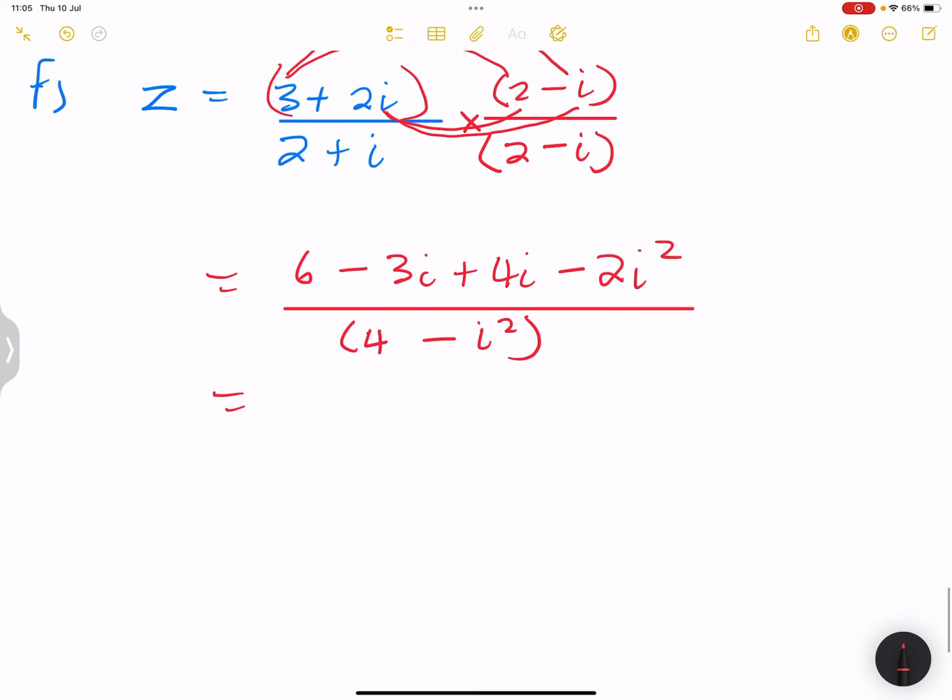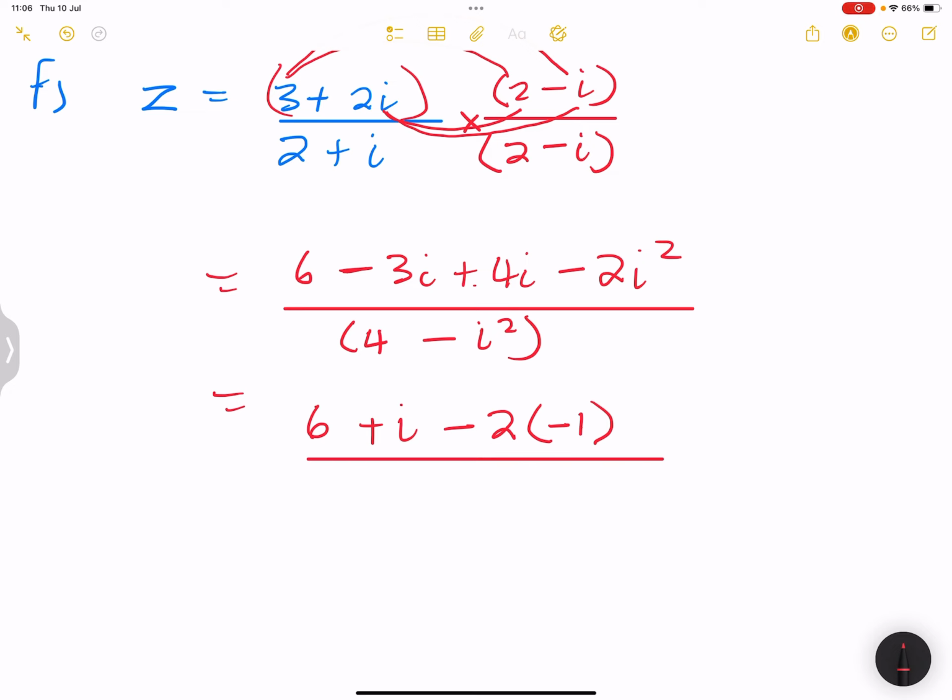Right, and let's simplify this further. So that's 6 minus, now if you look at this, I've got minus 3i plus 4i, which will give me plus i, minus 2 times i squared, and i squared is negative 1, okay?